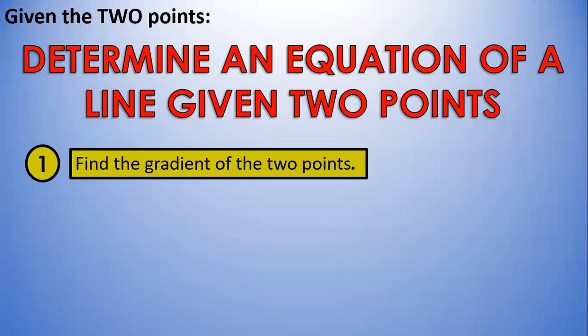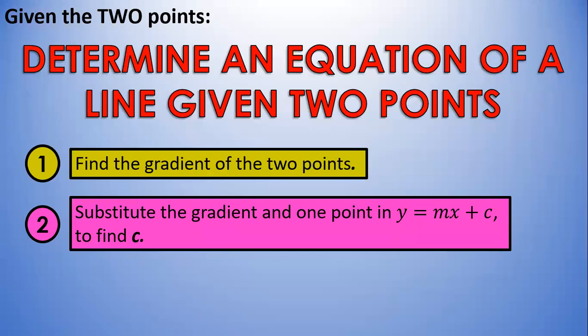1, we have to find the gradient of the 2 points. After we have found the gradient, we have to find c. How do we find c? We find c by substituting the gradient and one of the points into the equation y is equal to mx plus c.